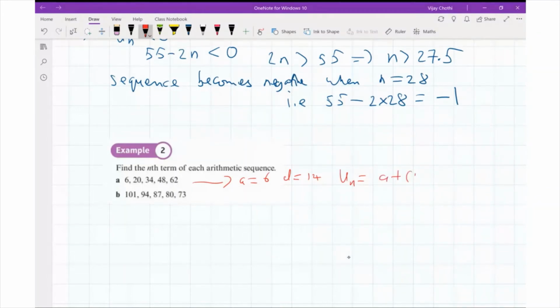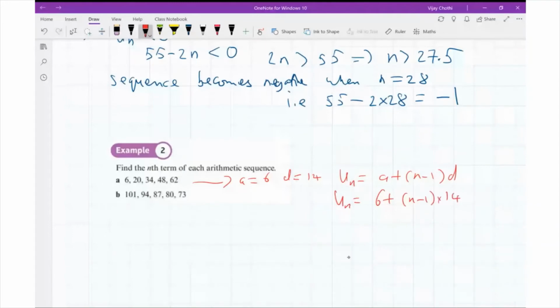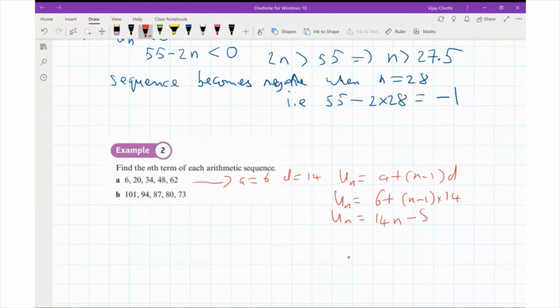So it's 6 plus (n minus 1) times d. Expand the brackets, 14n. 6 take away 14 is minus 8. So that's the nth term of the first one.